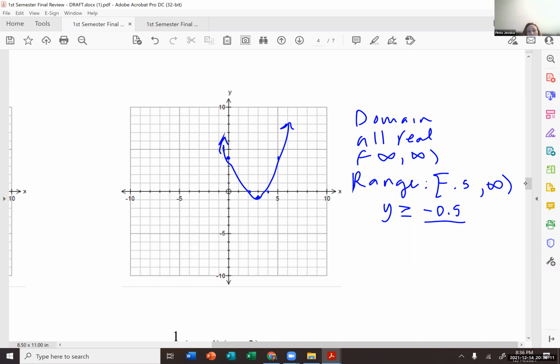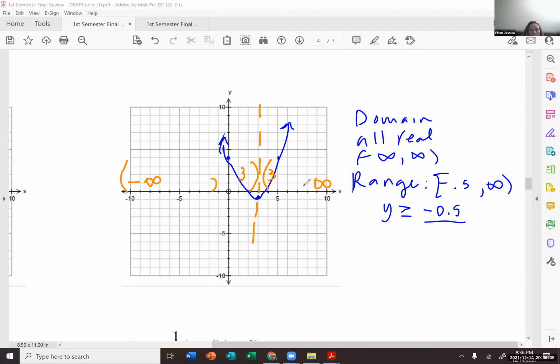We found the x-intercepts already. We found the y-intercept. We've got the domain and range. So we want the increasing and decreasing intervals. For those, I always draw a line through the axis of symmetry and I just label it. This was 3 here, 3 here. And then along the x-axis, I label negative infinity and positive infinity.